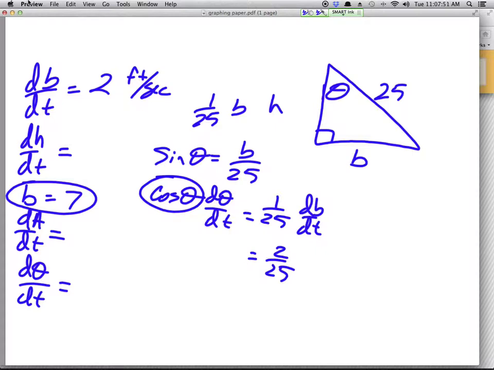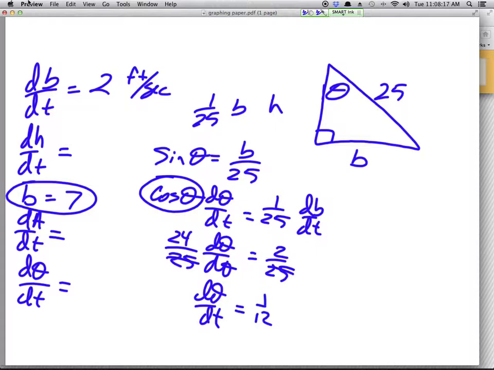So what's my height? 24, and my hypotenuse is 25. So I multiply by the reciprocal, the 25s cancel, and I get 2 over 24, which gives me 1/12.